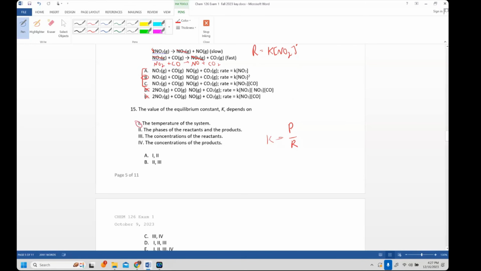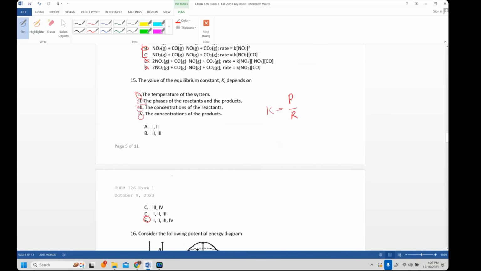So temperature, the phases of the reactants matter, because if you have solids, liquids, or gases, solids and liquids are not included in the expression of K. The concentrations of products, of course, and reactants, yep, they're in the equation. So all 4 of these matter. So the answer would be E.